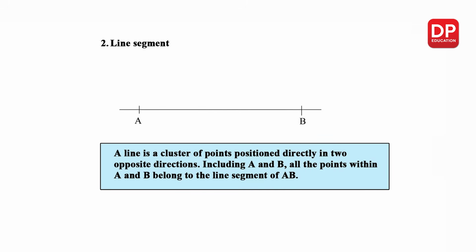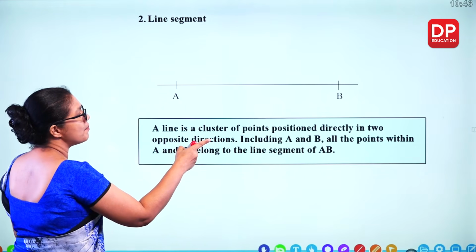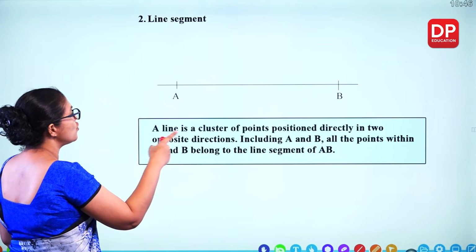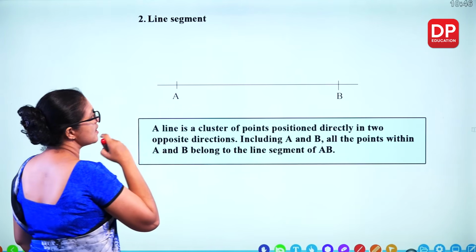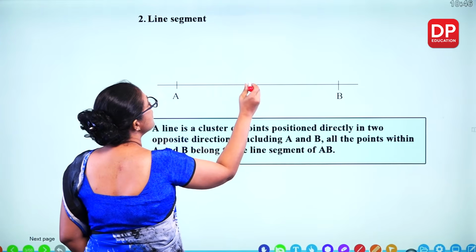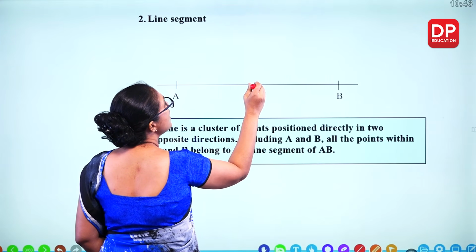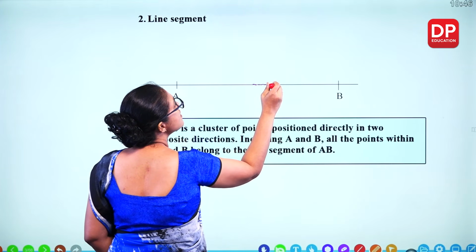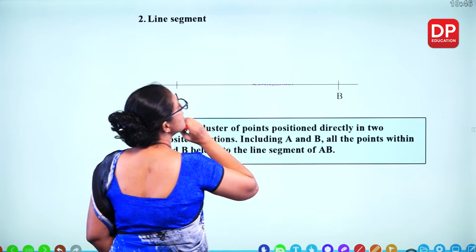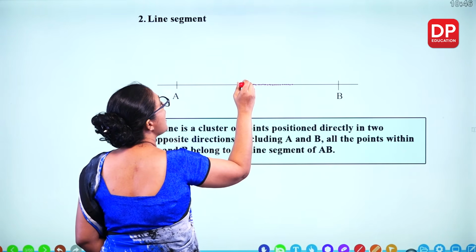Then what's a line segment? A line segment is a cluster of points positioned directly in two opposite directions. So here, if this is starting from here, you are taking several points, a cluster of points this way and this way.